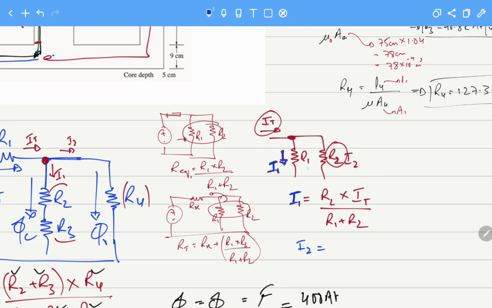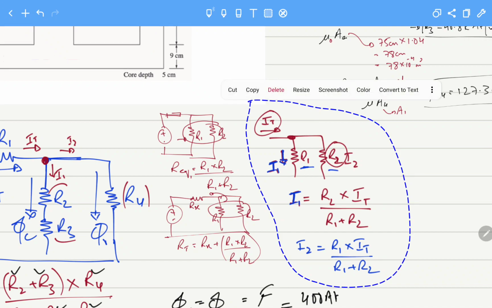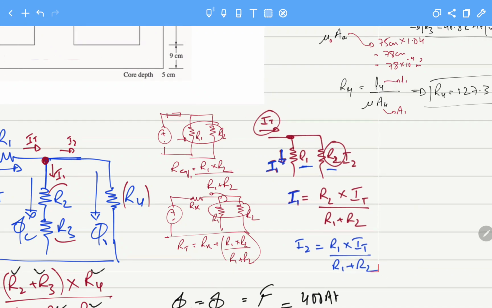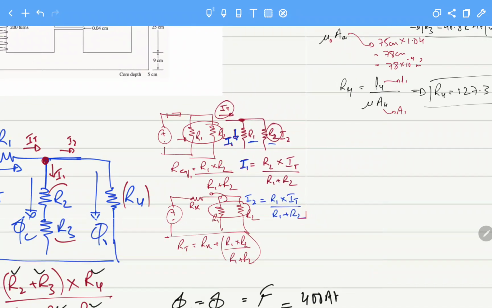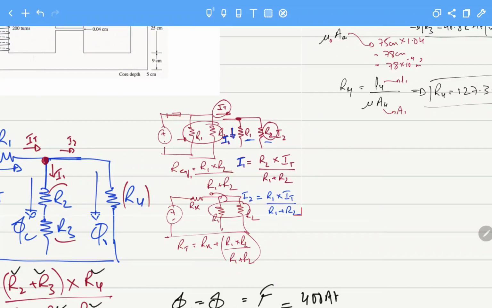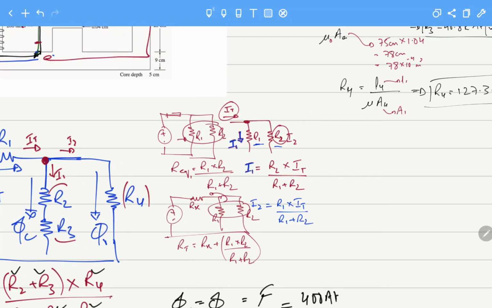I2 is flowing through R2, but here it will be R1 into IT, total current, divided by the sum of R1 plus R2. Okay, this is known as the current divider rule, and it is very commonly used in our circuits.